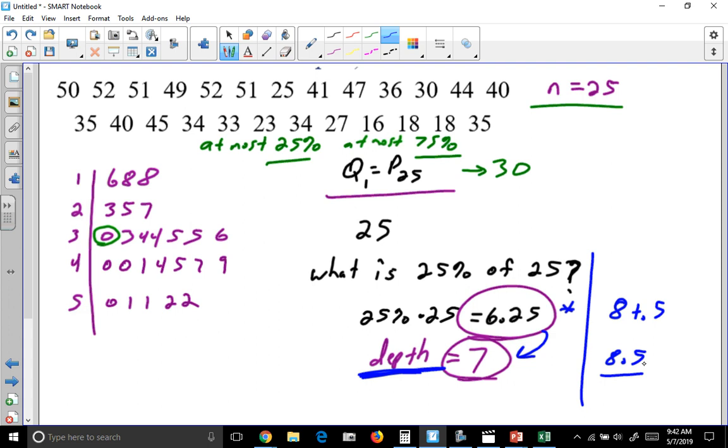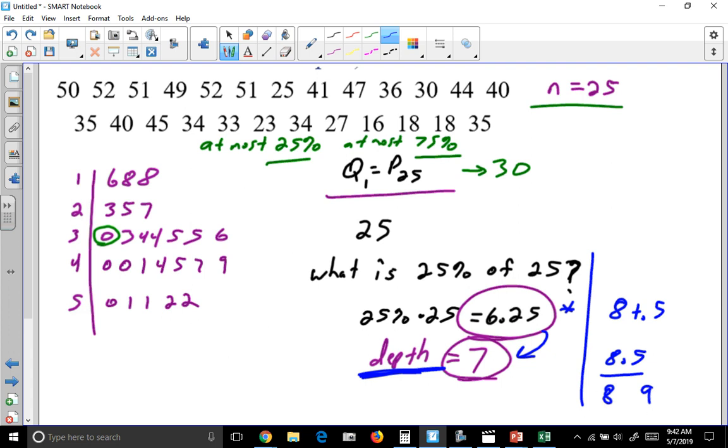So 8.5 means that our depth, our quartile, will be between our 8th and our 9th position. So if we found the 8th piece of data and the 9th piece of data, our quartile would be halfway in between those.